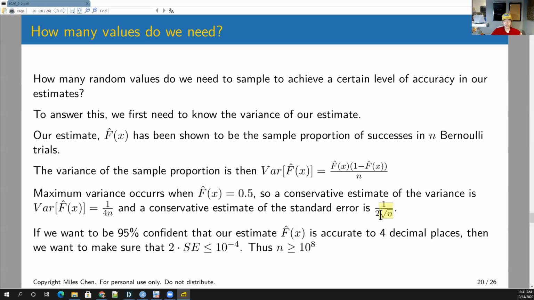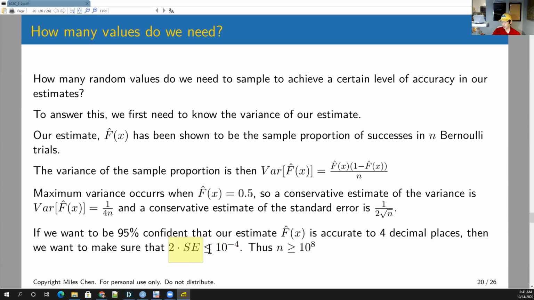Okay, and so, for example, if we want to be 95% confident that our sample proportion is accurate to 4 decimal places, then we want to make sure that 2 times your standard error is less than 10 to the negative 4, right?